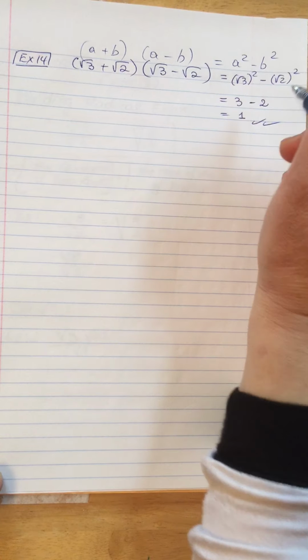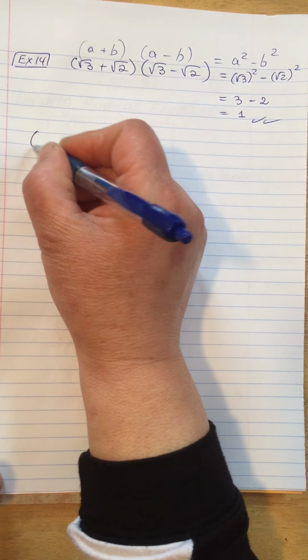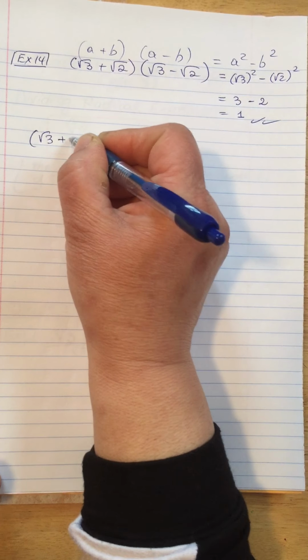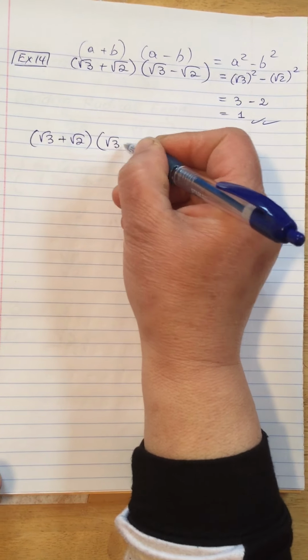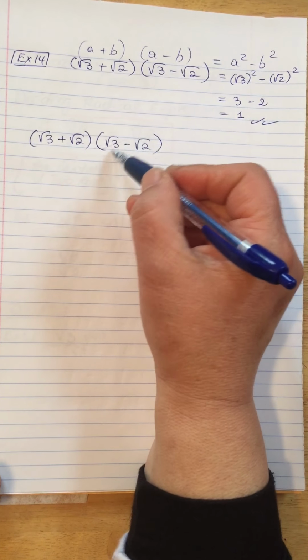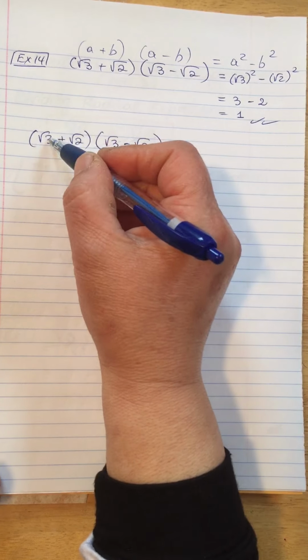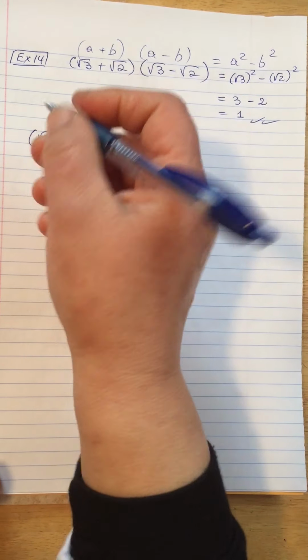Okay, now if you don't recognize this, let me go as we usually do. So I want to multiply the square root of 3 plus the square root of 2 with square root of 3 minus square root of 2. I know, so the first will go and multiply the second quantity, and the second. Let me go and do this.